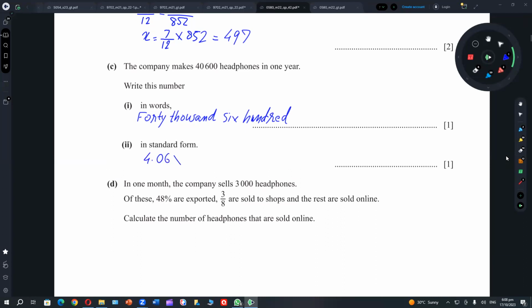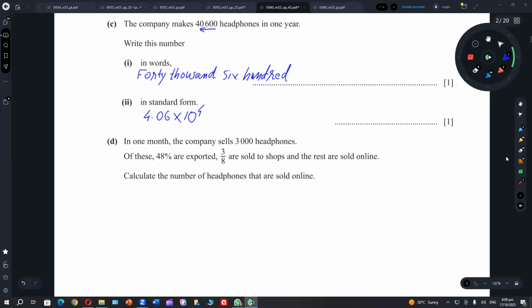So 4.06. How do we find this one? We move the decimal backward like this and count the places till 4. If I start counting from the right: 0, 0, 6, 0. So there are 4 places, so I write 10 power 4.